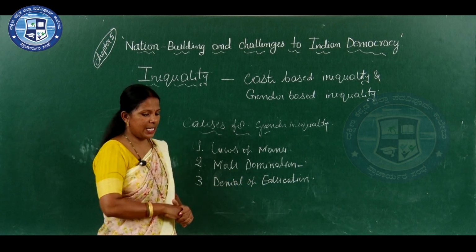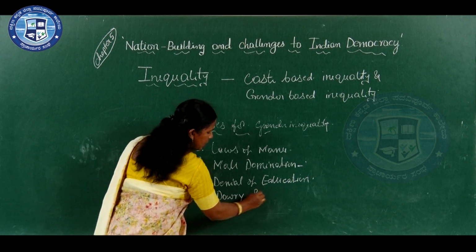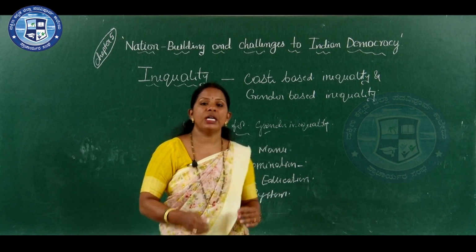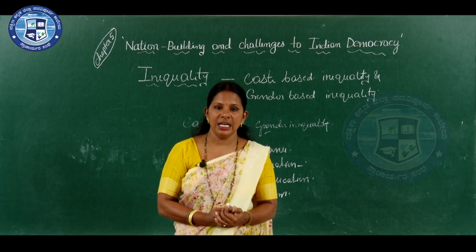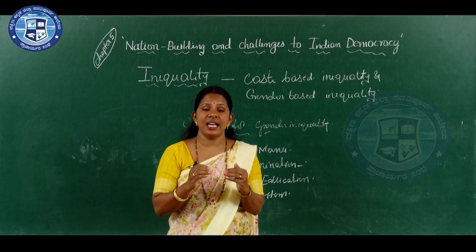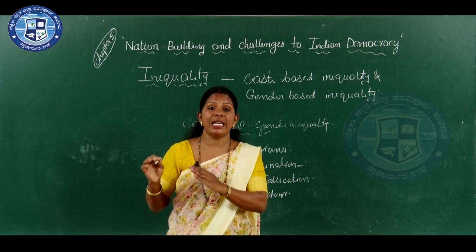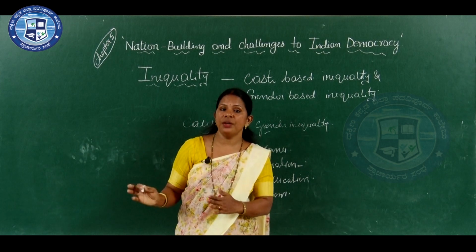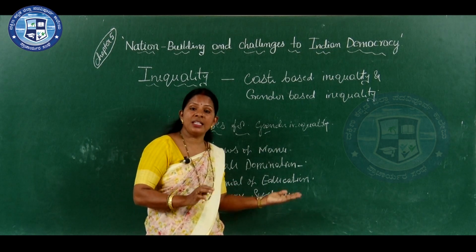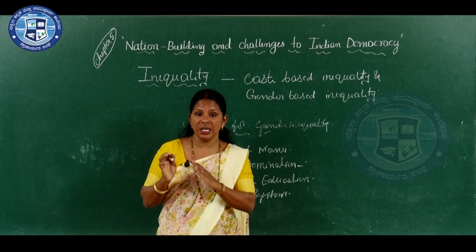And next is the dowry system. The dowry system is one of the evil practices in India, and due to the dowry system, the boy is considered an asset to the family and the girl is considered a liability or a burden to the family.